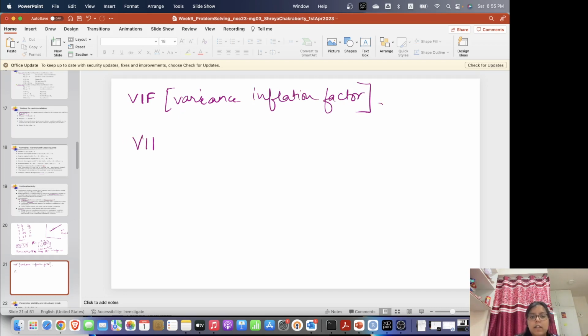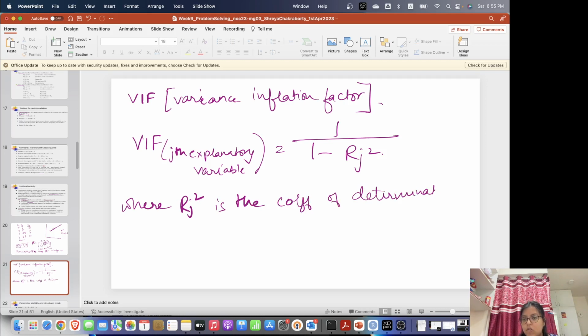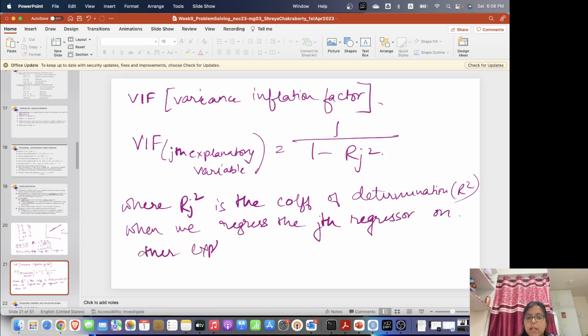If I have to calculate VIF for the jth explanatory variable, it is given by 1 over 1 minus rj square, where rj square is the coefficient of determination, that is the r square, when we regress the jth regressor on the other explanatory variables.